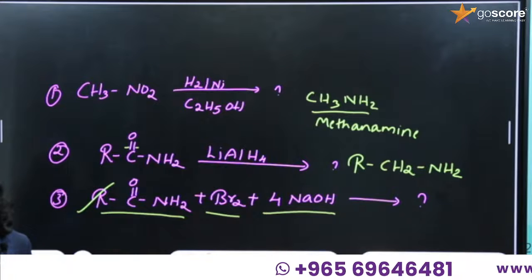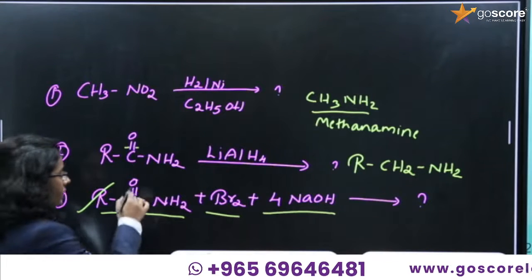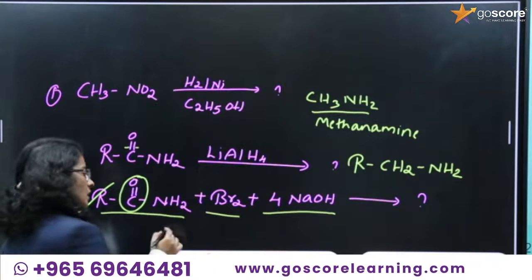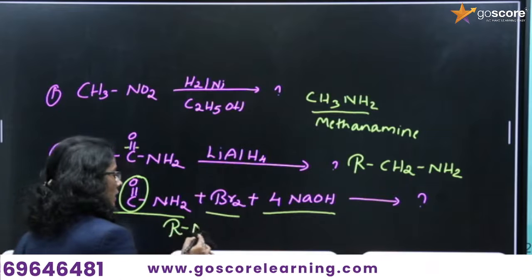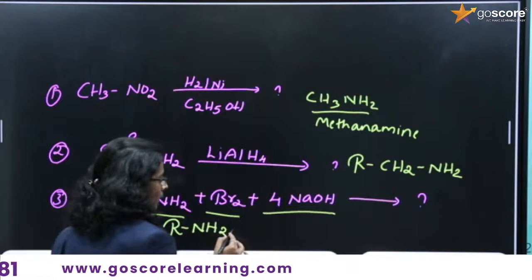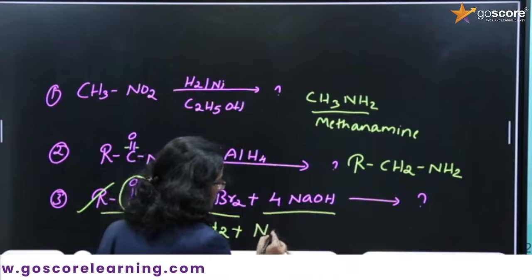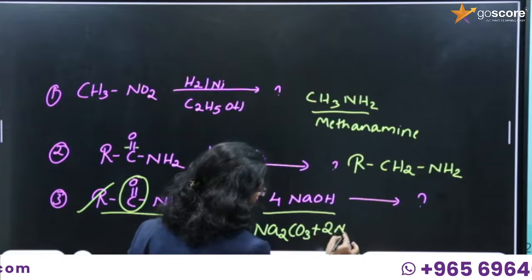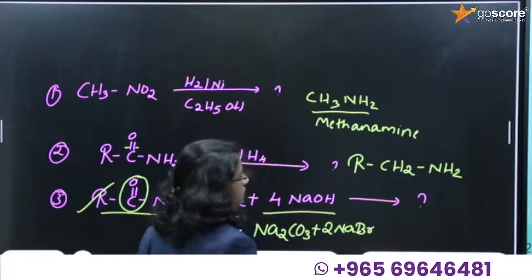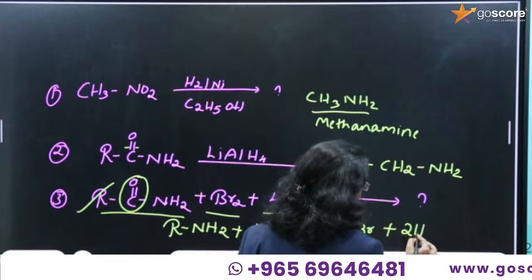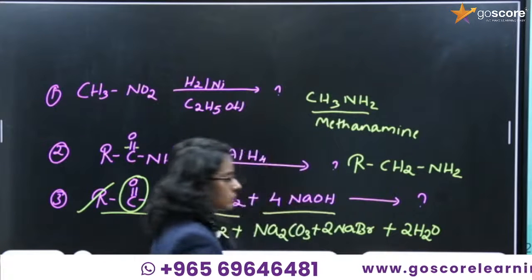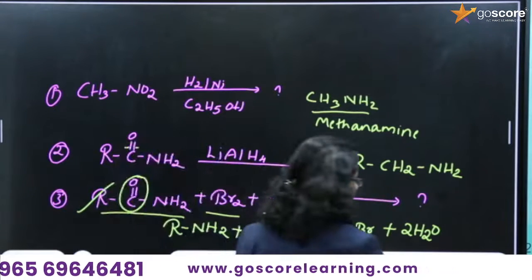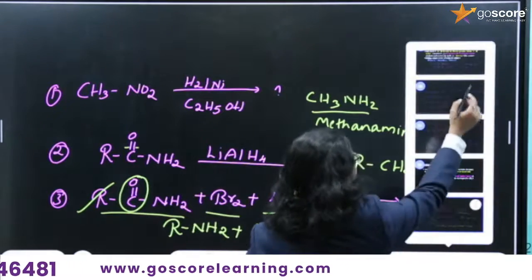Hofmann bromamide degradation reaction. So the CO group will be degraded and you will get the product RNH2 plus Na2CO3 plus 2NaBr, sodium bromide, plus water. Is it clear? Okay.